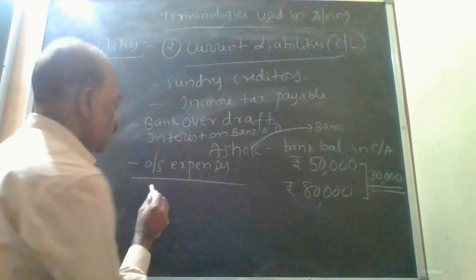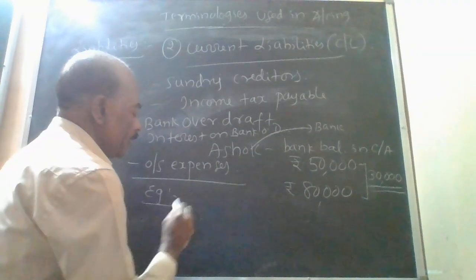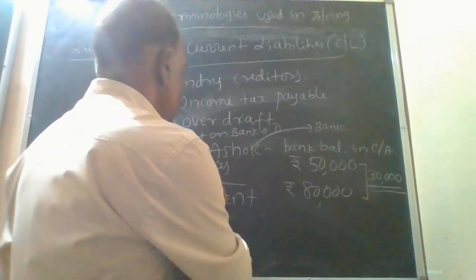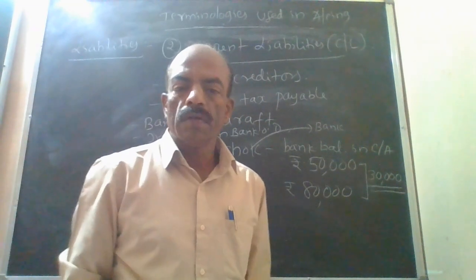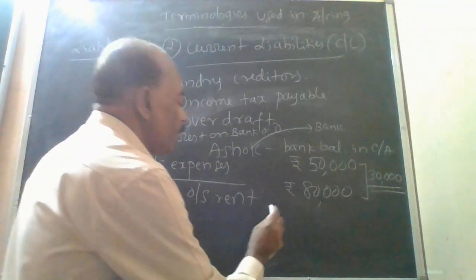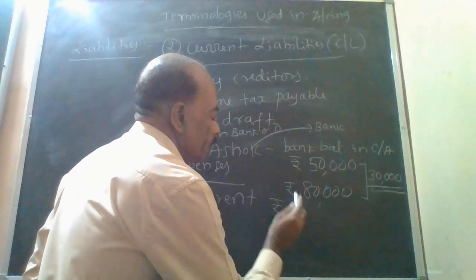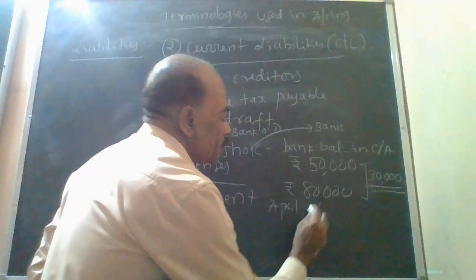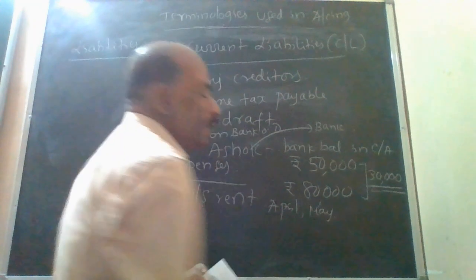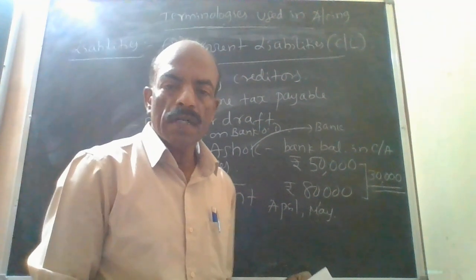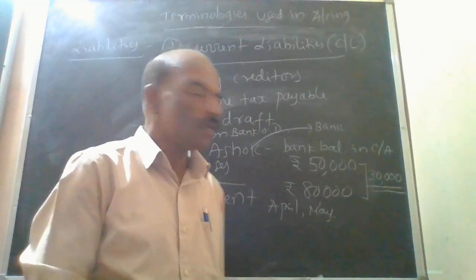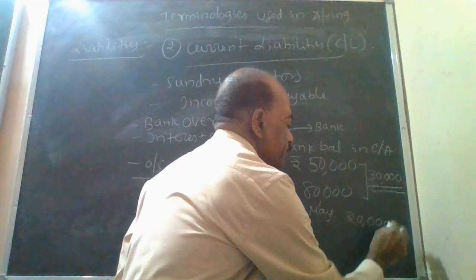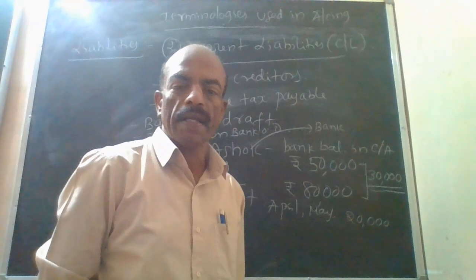That is called outstanding rent. OS means outstanding. So if they didn't pay the rent for April and May, that is called outstanding, so that is 20,000 rupees. The rent is pending. That is called outstanding rent.